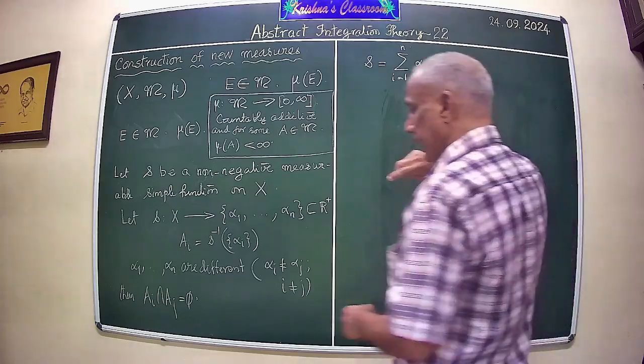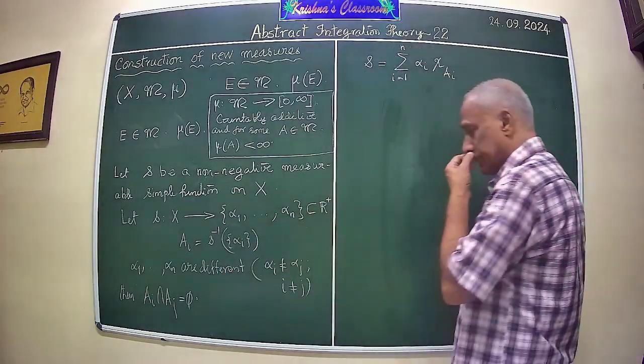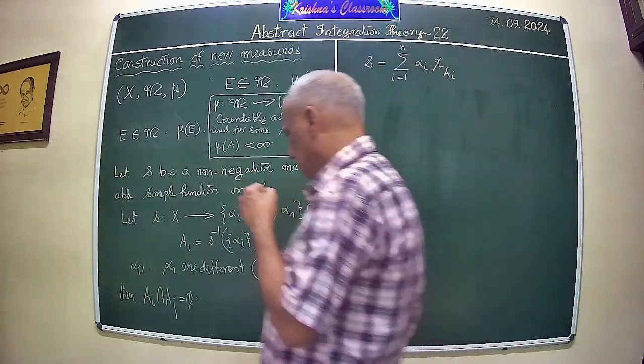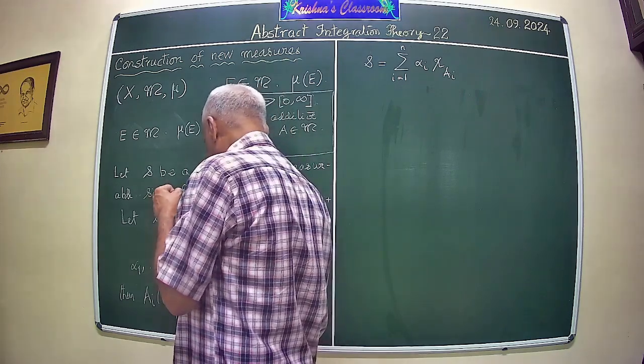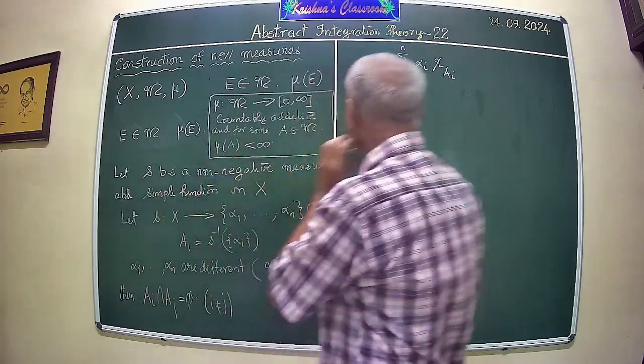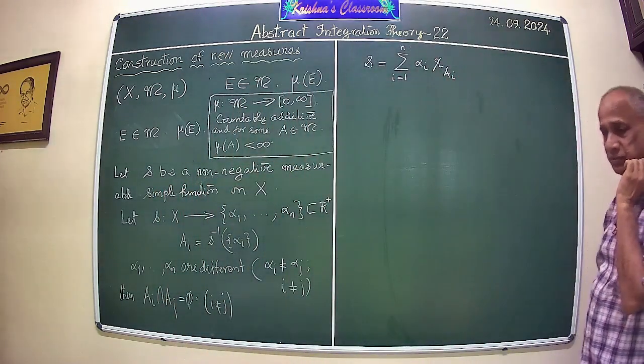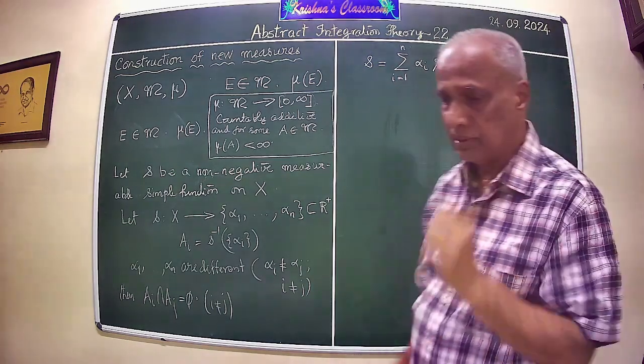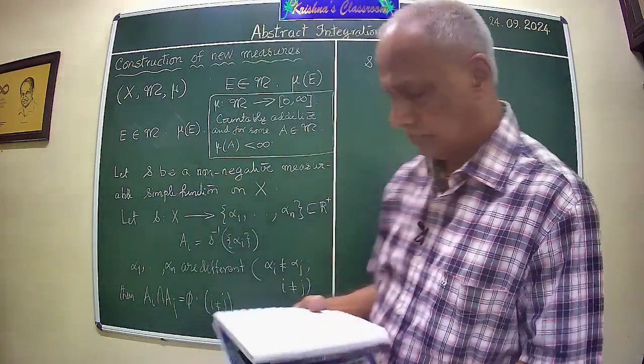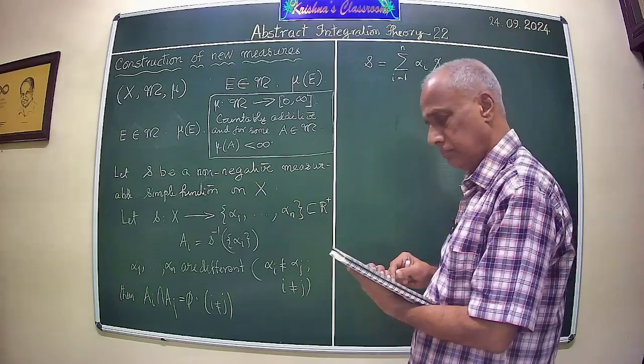And you get A i intersection A j empty whenever i is not equal to j. Therefore, this is the representation of the simple function.